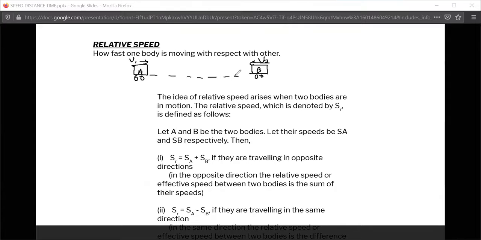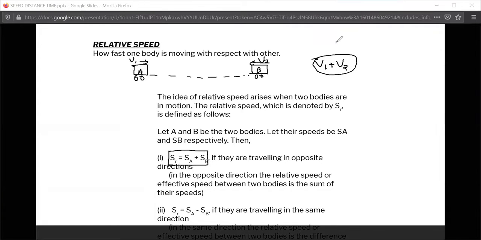If I'm interested to know how fast these two cars are approaching each other, in this case we will add the speeds. The relative speed will be the sum of the two speeds. I hope you understood that.